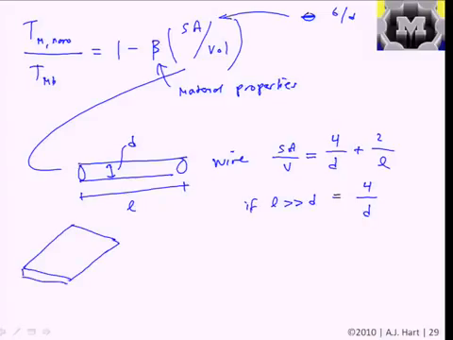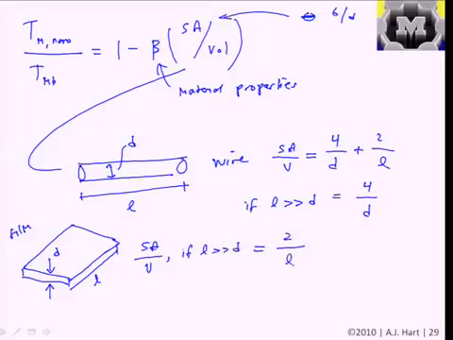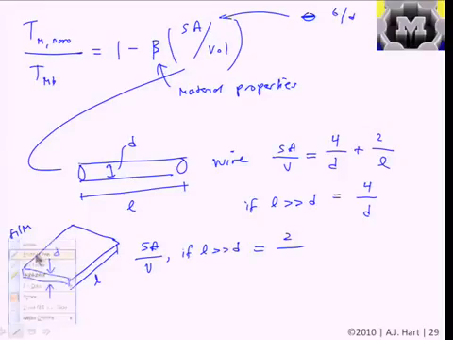And if we did it for a thin film, where, to keep the same parameter, we had a thickness d and a lateral length scale L, then if L is much greater than d, the surface area to volume is equal to 2 over d, where here d is our film thickness.